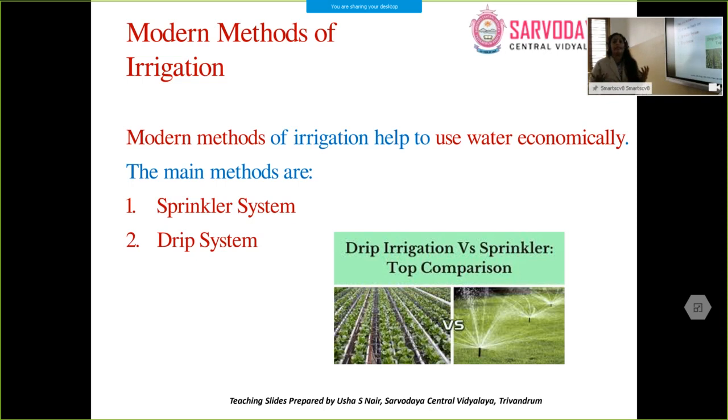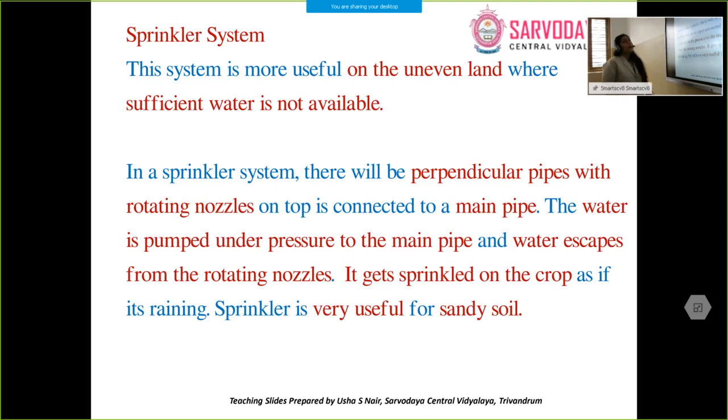Now we can go into a little more detail on what the sprinkler system is and what the drip system is, or drip irrigation versus sprinkler irrigation. I'm sure you have seen this in most places. Again, I'm saying you have to know what it is used for and where it is used. They have given a structure, like I said with the plow and hoe.